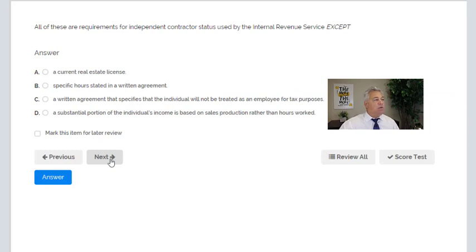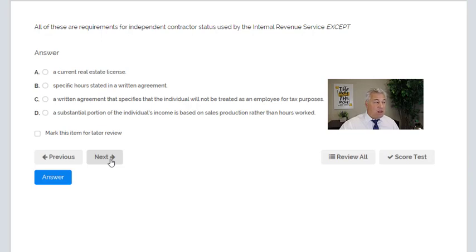All of these are requirements for independent contractor status used by the Internal Revenue Service, except most brokerages hire real estate agents as independent contractors. When your broker pays you, they don't withhold taxes. We get paid the gross and pay our own taxes. All of these are requirements for independent contractor status, except A, the individual must have a current real estate license.